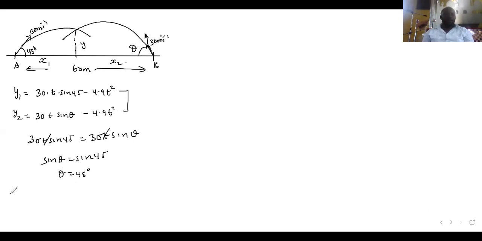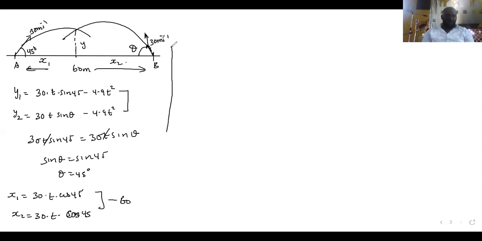So if theta is 45, x1 is going to be 30 times t times cos 45. x2 is going to be 30 times t times cos 45. These two are the same, they sum up to 60.